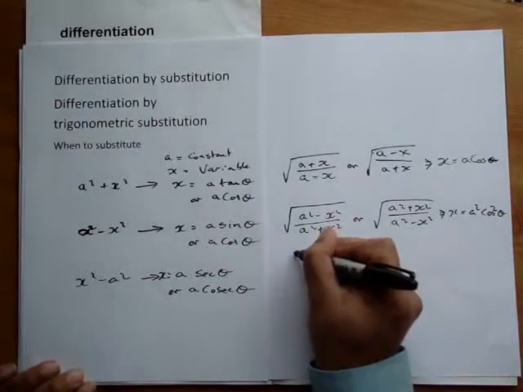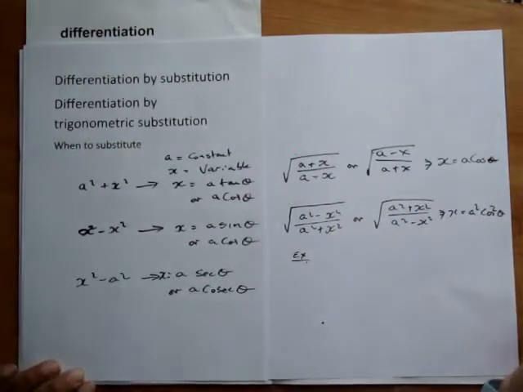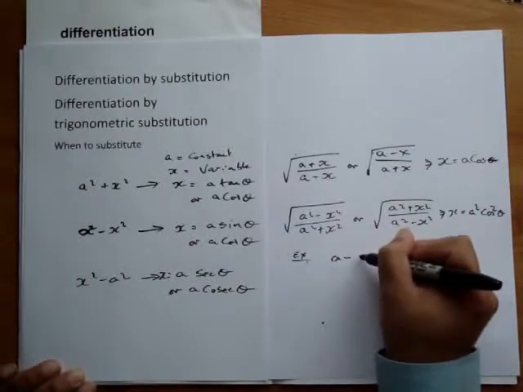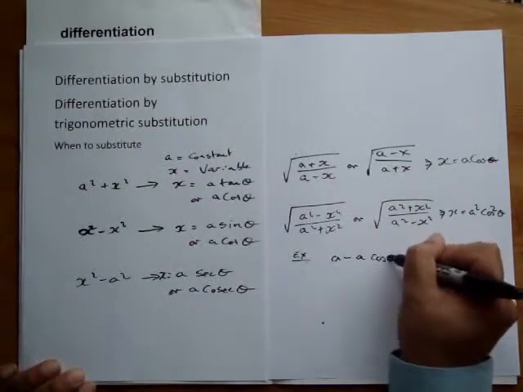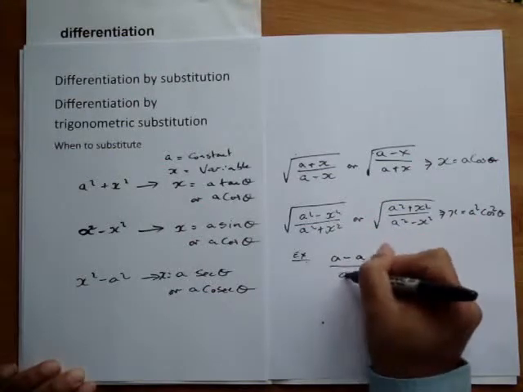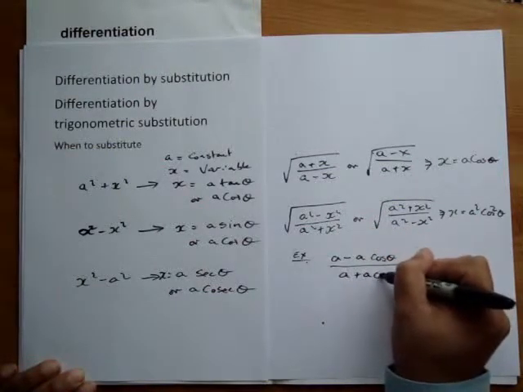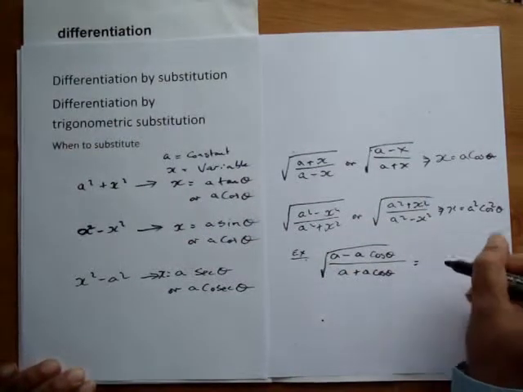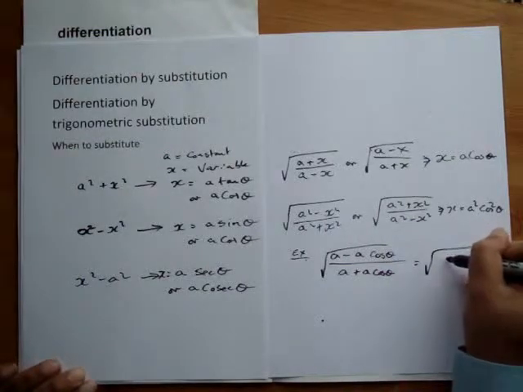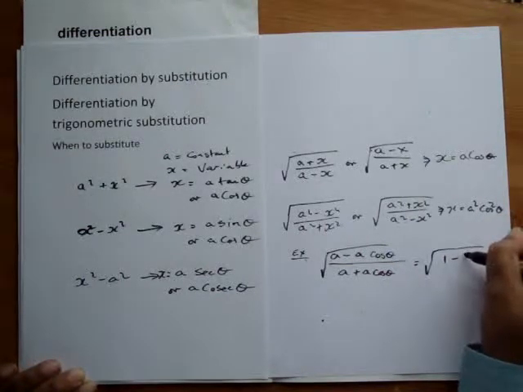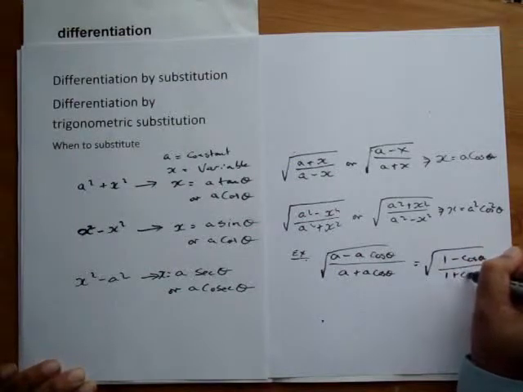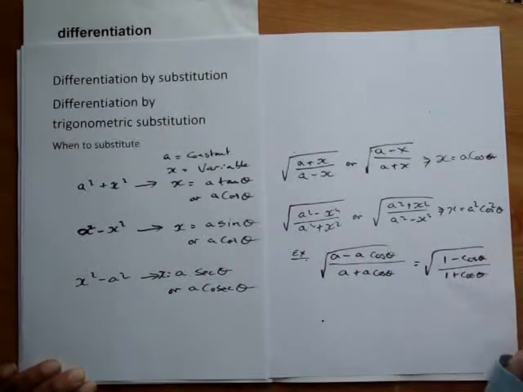For example, in this case we can have a minus a cos theta over a plus a cos theta, and this would equal the square root of 1 minus cos theta over 1 plus cos theta.